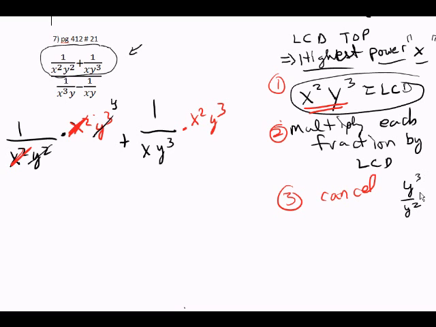You can cancel any top with any bottom. Or you could look at it as y cubed over y squared; remember you subtract them. 3 minus 2 is y to the 1 power. Now over here, x and x squared, there's an x left over. And then the y cubeds just cancel.